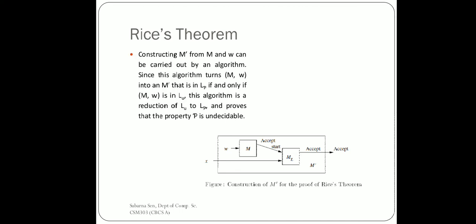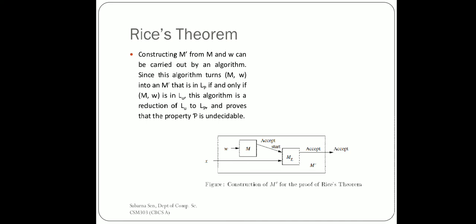Now constructing M dash from M and W can be carried out by an algorithm, which turns M comma W into an M dash that is in LP if and only if MW is in LU. So if MW is in LU, that means W gets accepted by M, only then LP works fine.